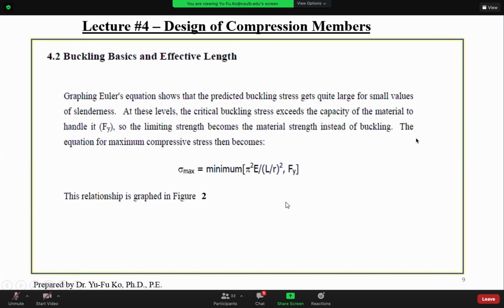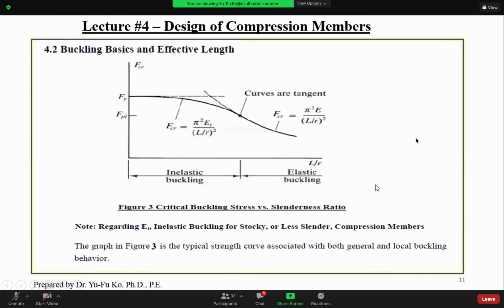To explain to you, in the book they give you this curve, and this curve we call the column strength curve.